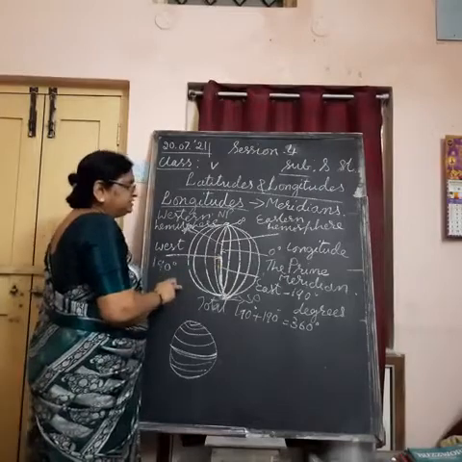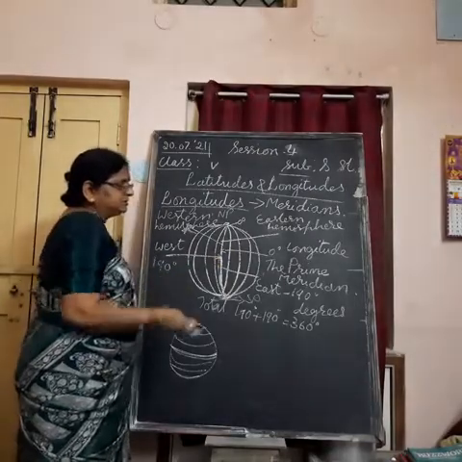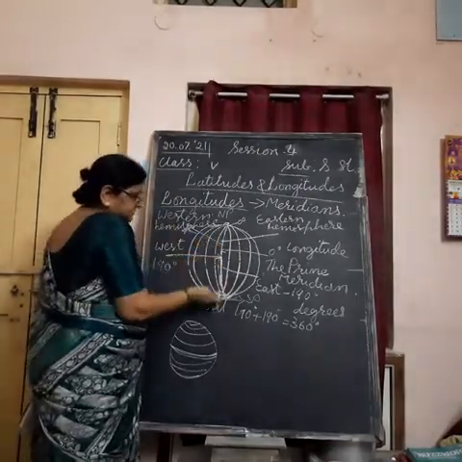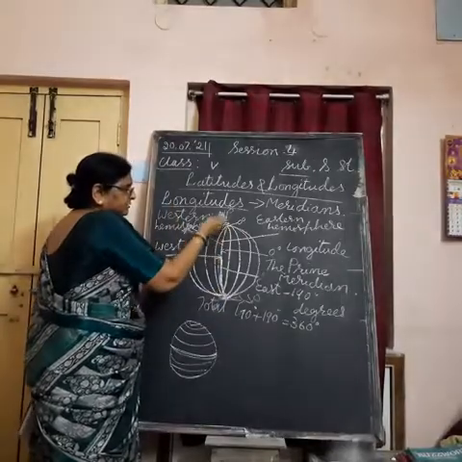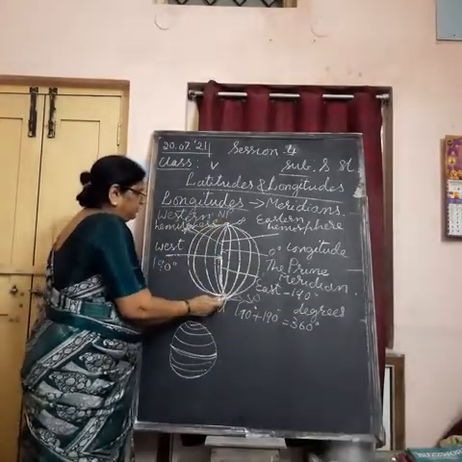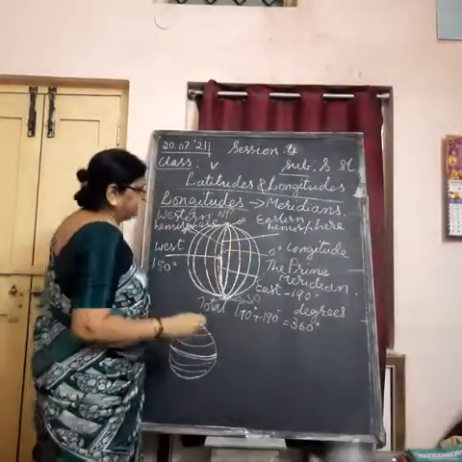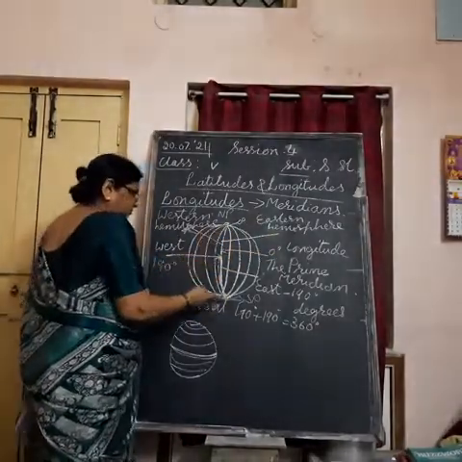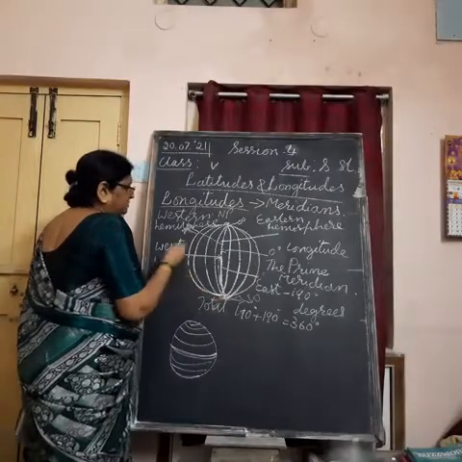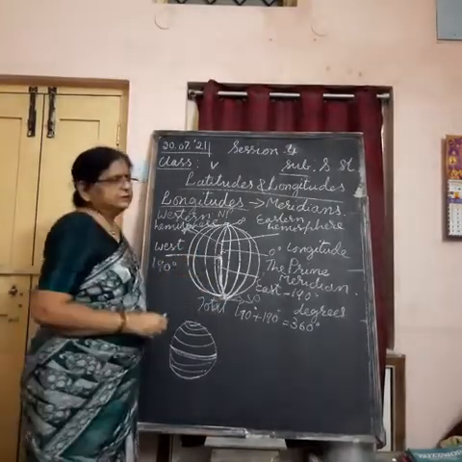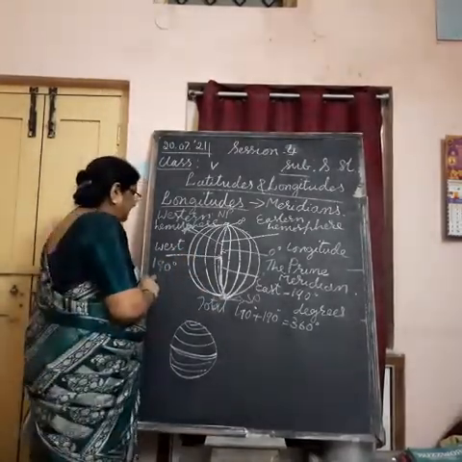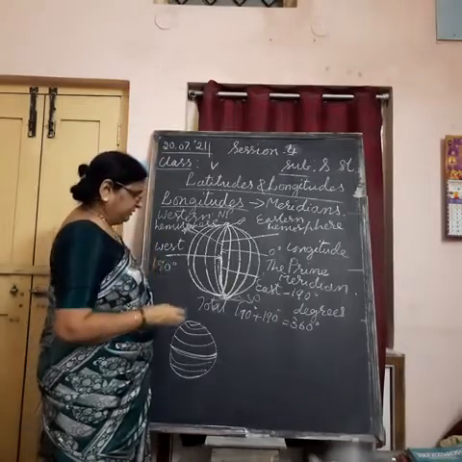So the feature of these longitudes is, longitudes are semicircles. They are drawn from the North Pole to the South Pole. 0 degree longitude is called the prime meridian, and from 0 degree longitude to the edge of the east, there are 180 degrees of longitudes.